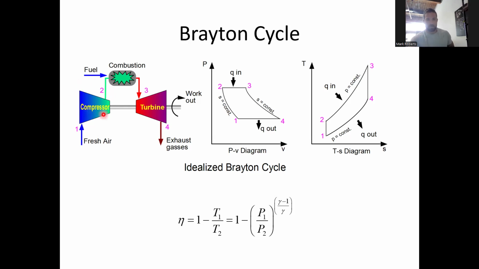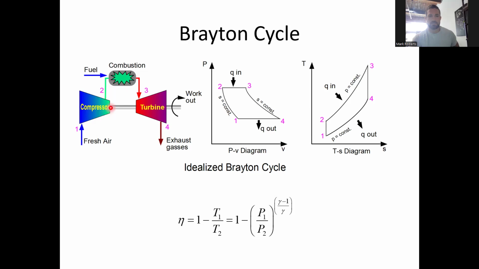So we do work to compress it. And then with this higher temperature, higher pressure, mostly we care about the high pressure, we add some sort of fuel. And again, this could be like gasoline or jet fuel. And we combust the fuel, which essentially heats up the gas, right?